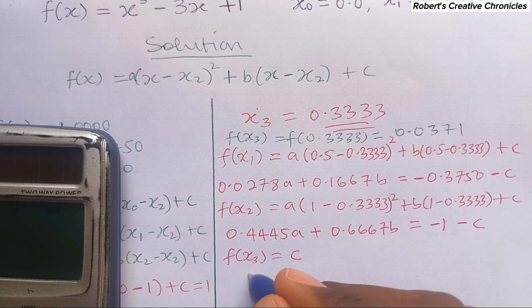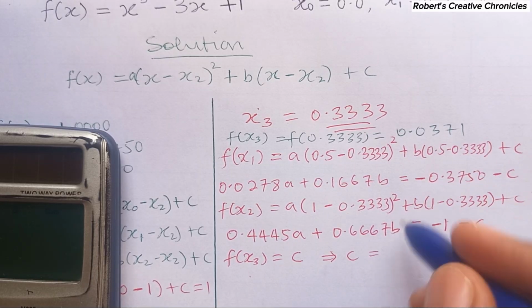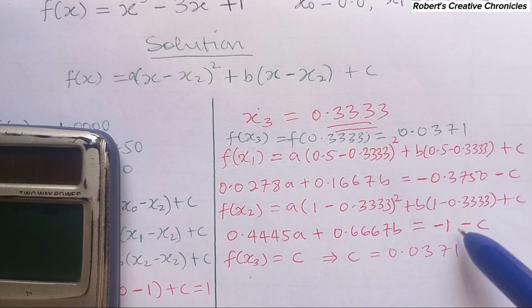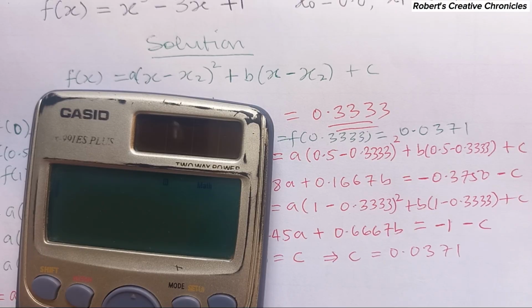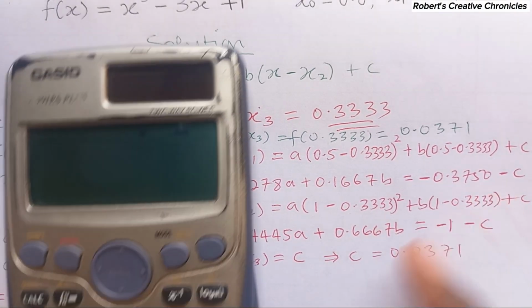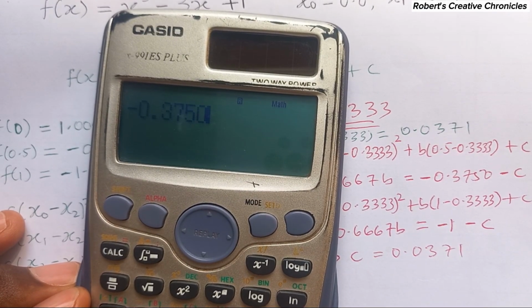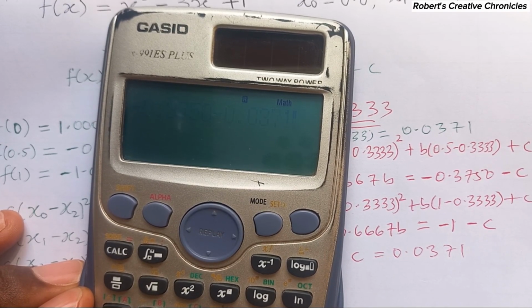So now c is equal to 0.0371. So now we can substitute c here. So now here will be negative 0.3750 minus 0.0371.